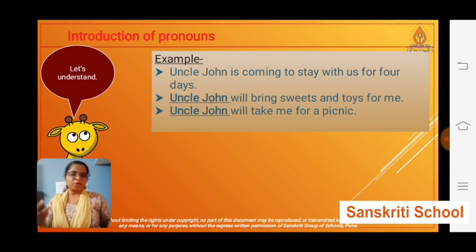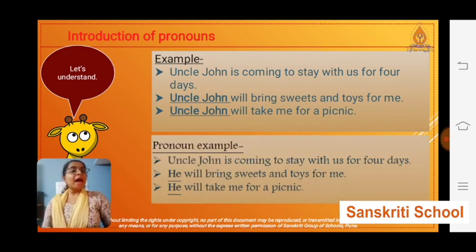And that is not looking good and it is very, very tedious also. So how will I change it? See this? Uncle John is coming to stay with us for 4 days. Instead of repeating Uncle John, I have replaced it with the word he. He will bring sweets and toys for me. He will take me for a picnic.